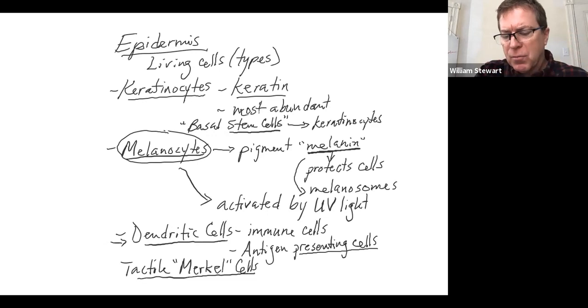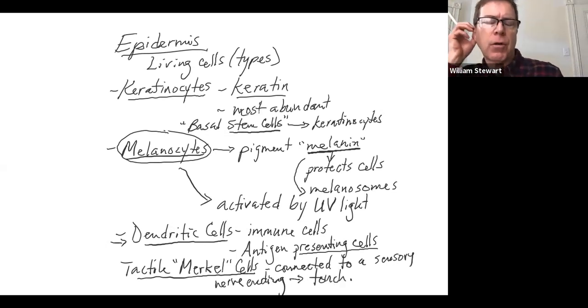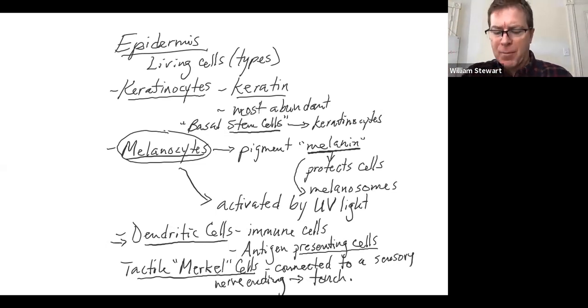So these are basically cells that are connected to a sensory nerve ending, and they detect touch, the sense of touch. All right, that's just a short laundry list of different cell types we find in the epidermis.